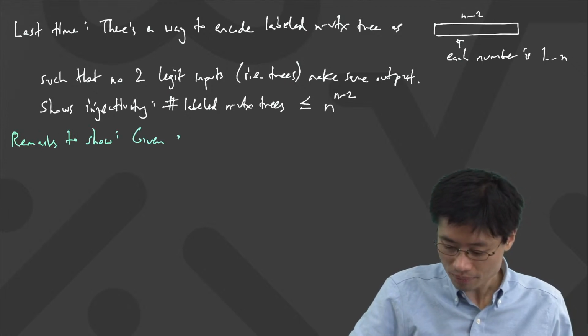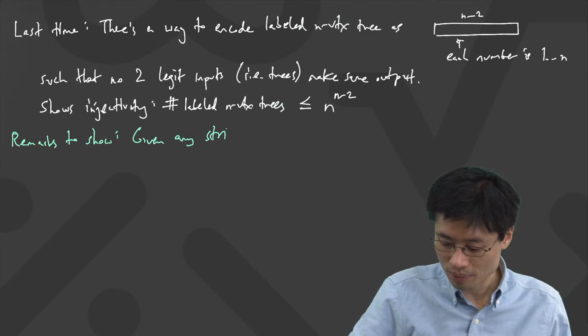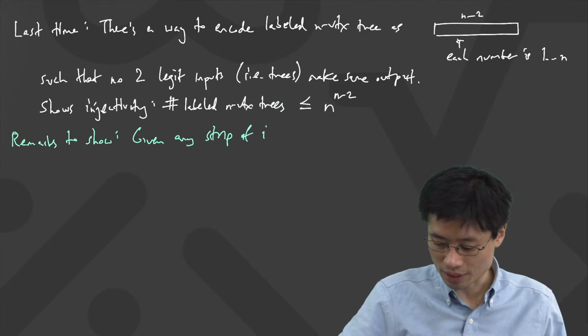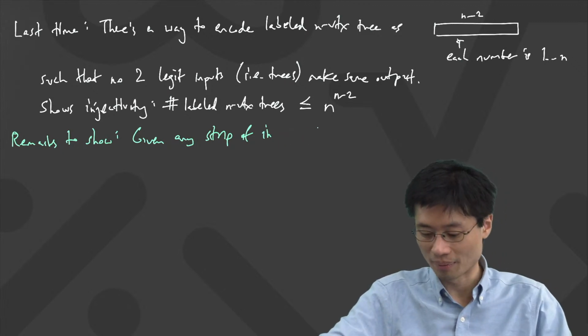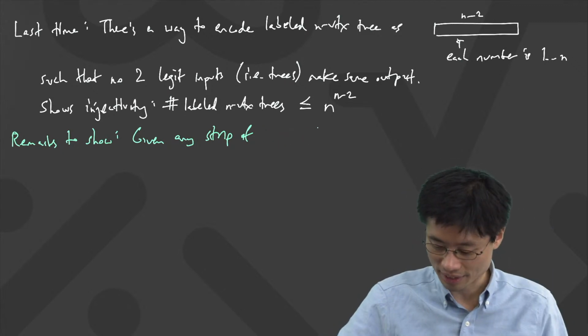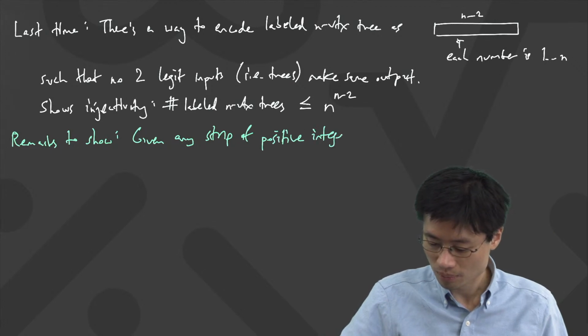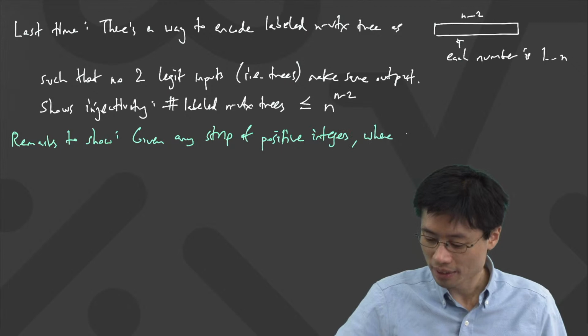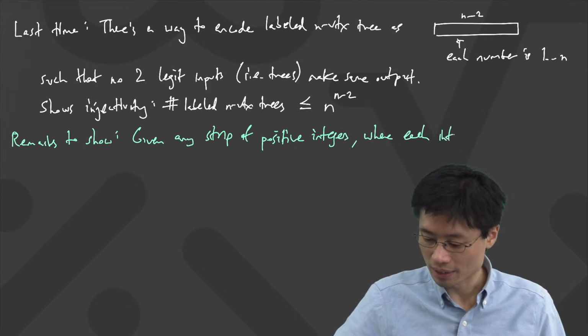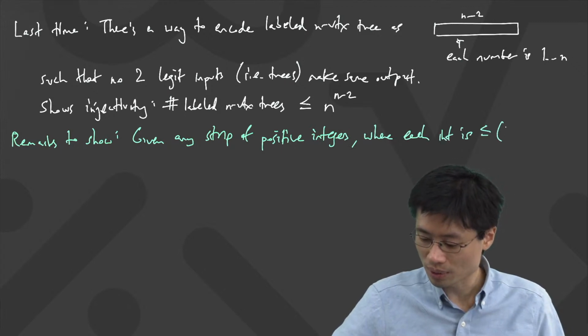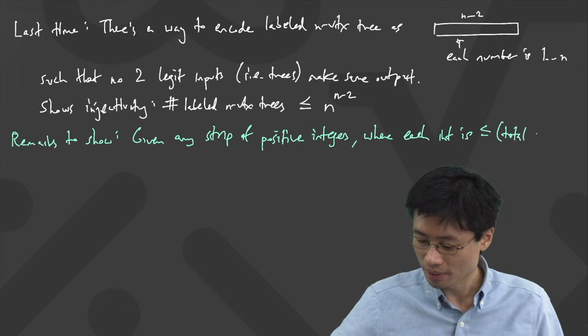Given any strip of integers, let's call them positive integers. That way I don't have to worry about 0 or less. Any strip of positive integers where each integer is less than or equal to the total number plus 2, right?